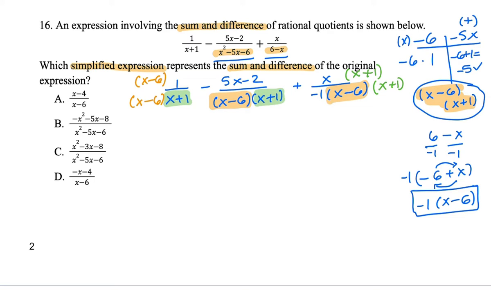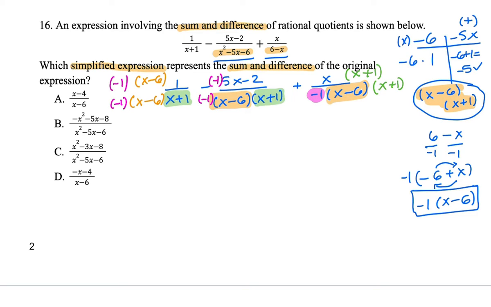Now, the one other additional thing that you may overlook and you may not see, but you should, is this -1. So that means that my other fractions also need to be multiplied by a -1. But what I do to the bottom, I also have to do to the top.